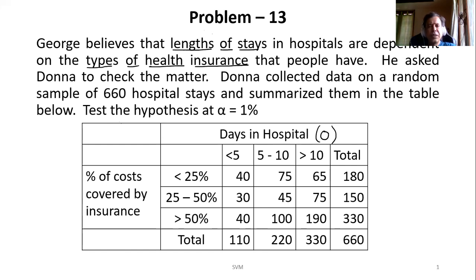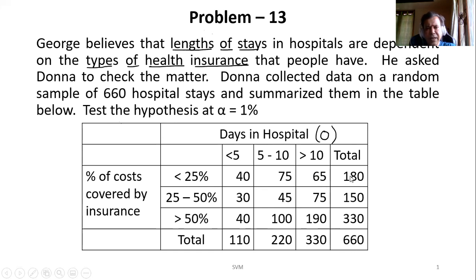Such problems we call a test for independence of attributes. When we come across a test for independence of attributes, we use the chi-square test again, wherein these values, 40, 75, 65, 30, 45, 75, 40, 100, 190, are considered as observed frequencies. These are the totals of the observed frequency for each category.